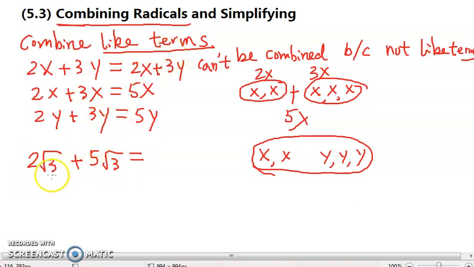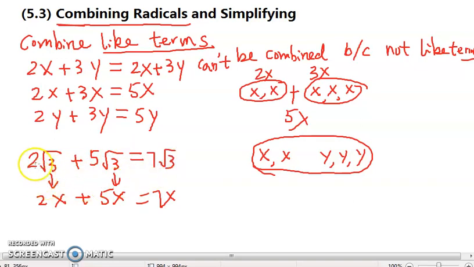You can think of this radical 3 as an x. So it's kind of like doing 2x plus 5x. This radical 3 here, they are the same. We can use the same variable to represent square root of x, and that gives us 7x. Similarly, 2 radical 3 plus 5 radical 3, we're going to get 7 radical 3.